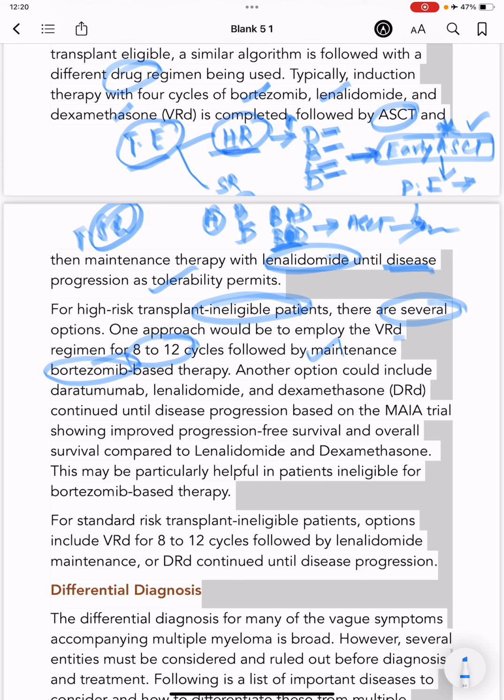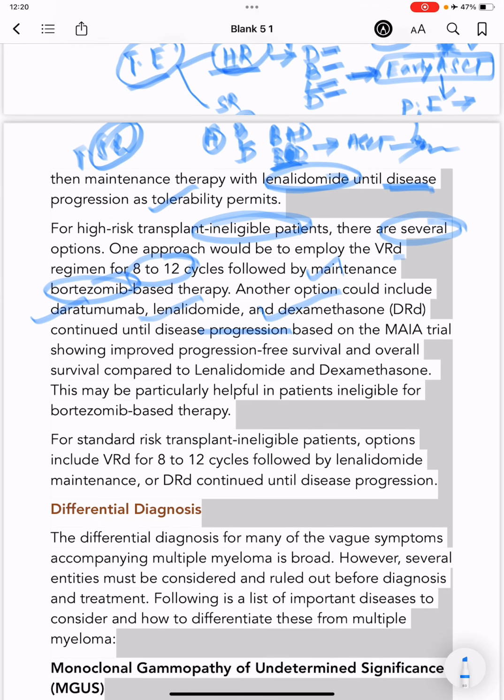Or another option could include daratumumab, lenalidomide, dexamethasone continued until disease progression, based on the MAIA trial. So this will improve the progression-free survival and overall survival compared to lenalidomide and dexamethasone.